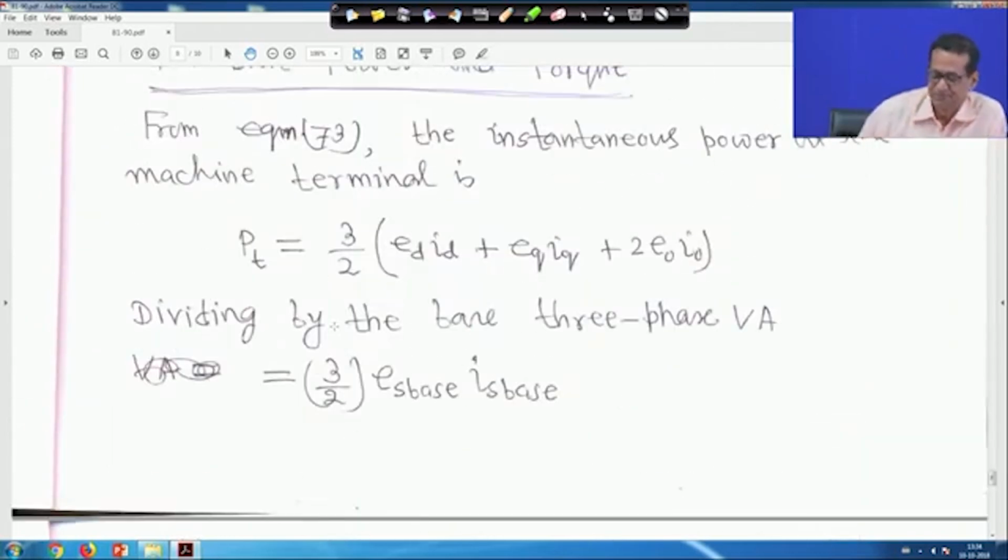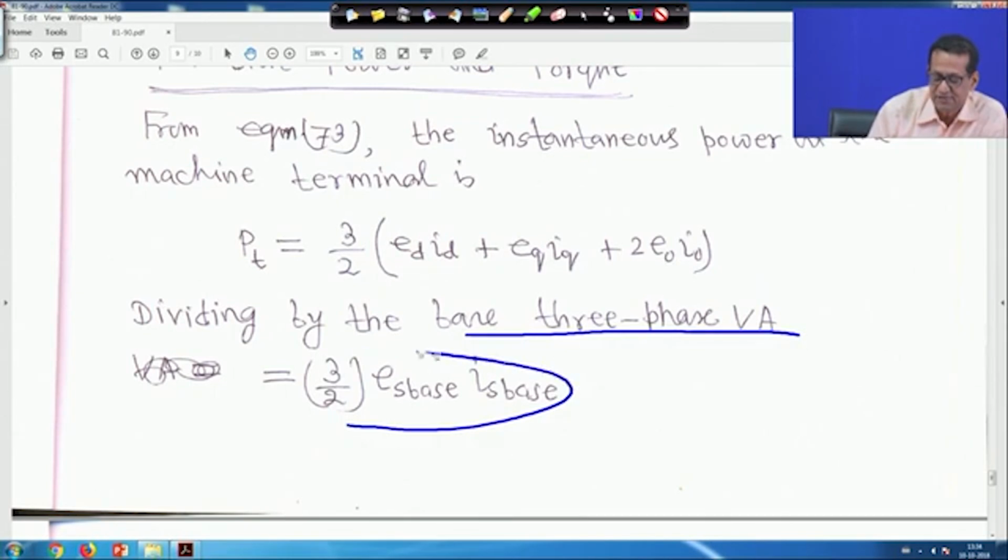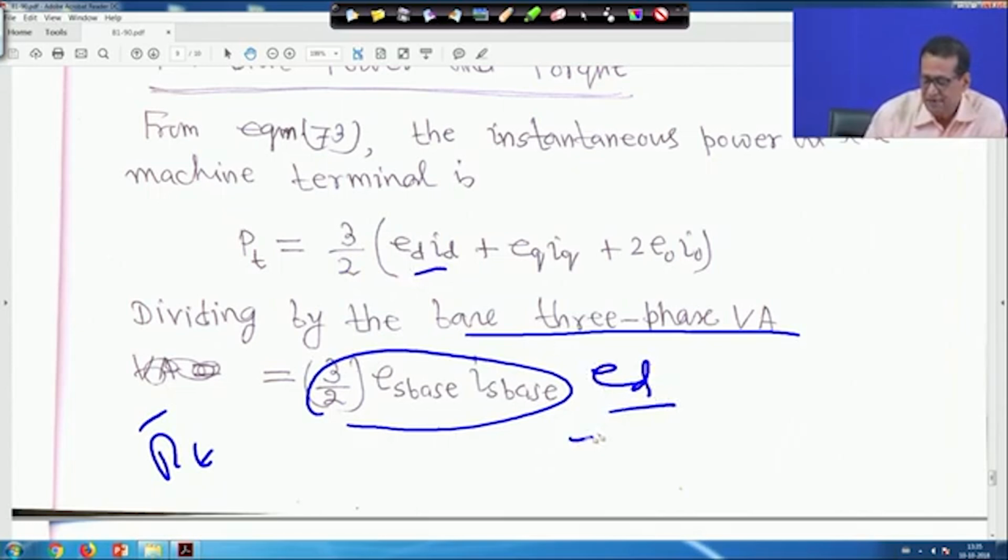It is like this because it is power, so we divide both sides by the 3-phase volt ampere. The left hand side becomes PT bar, that is PT upon 3 by 2 ES base IS base. On the right hand side, 3 by 2 will be cancelled, and the first term will be ED by ES base into ID upon IS base.